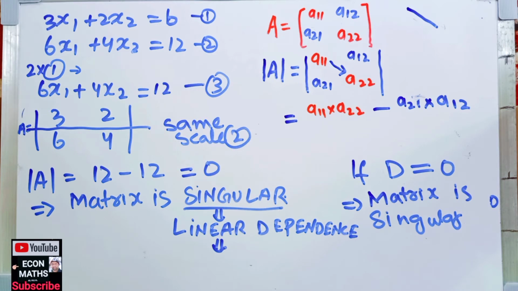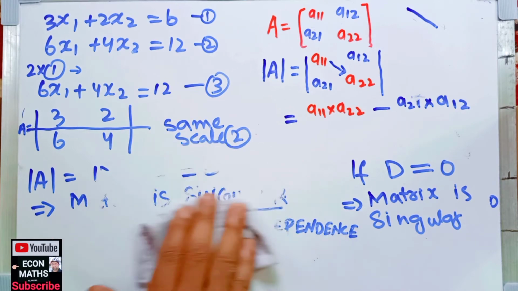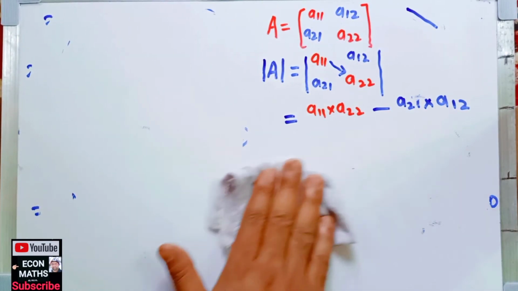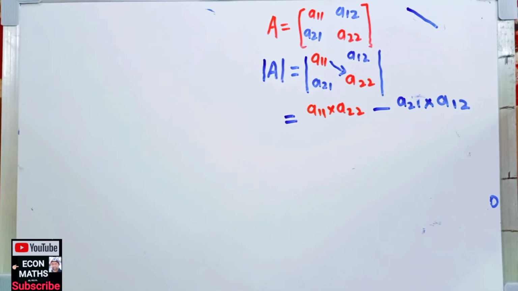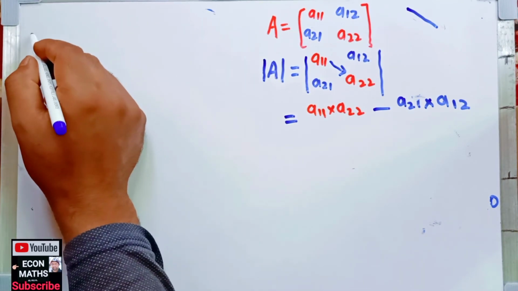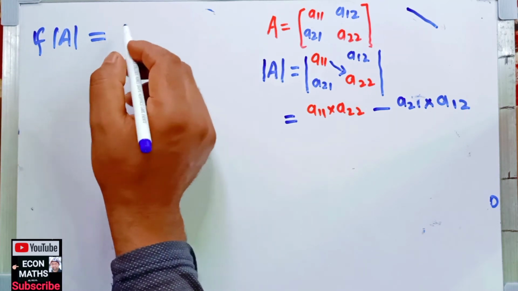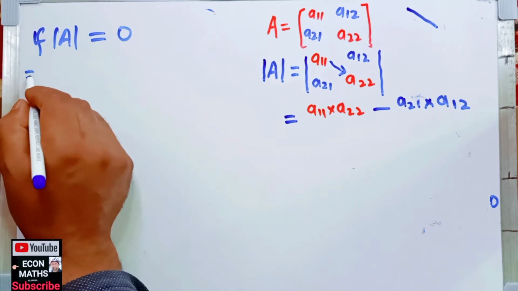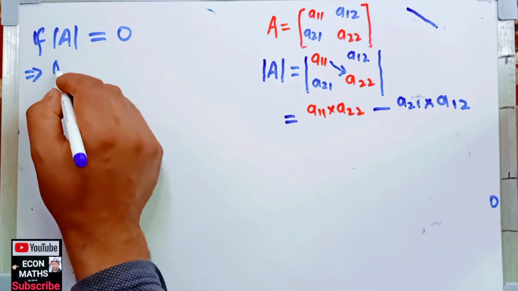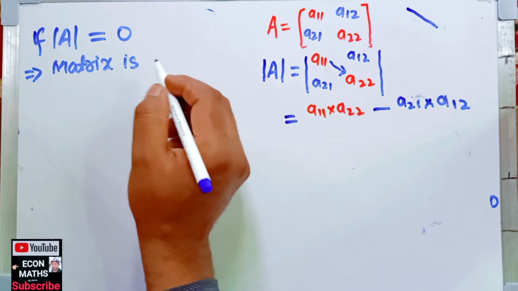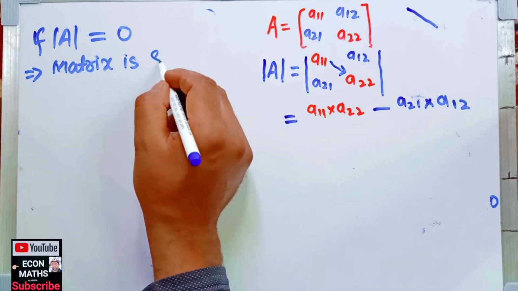That means if the determinant is equal to 0, I will write again. I will now summarize this. If I have a matrix, that is, if the determinant of a matrix is equal to 0, implies the matrix is singular.